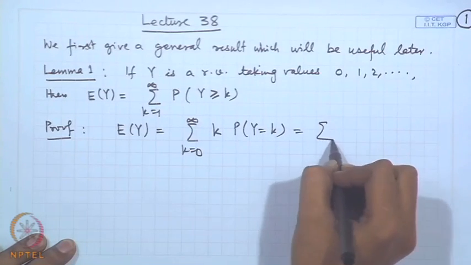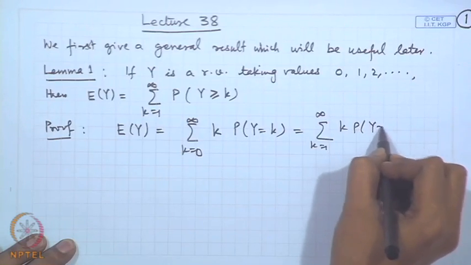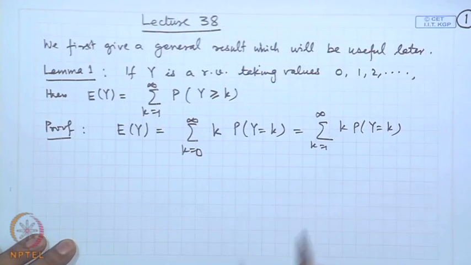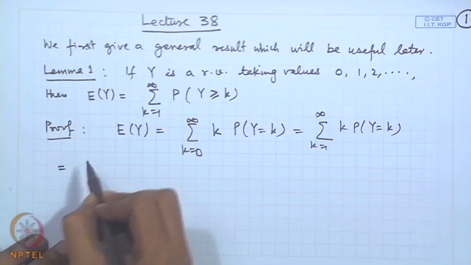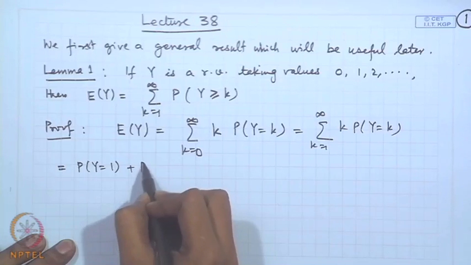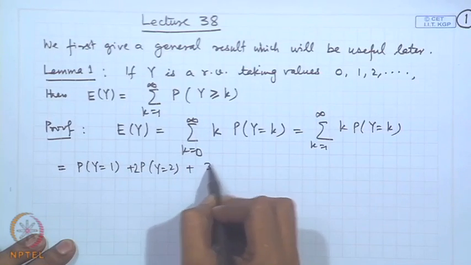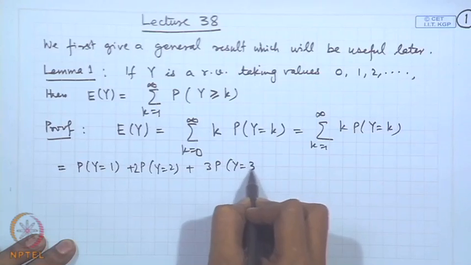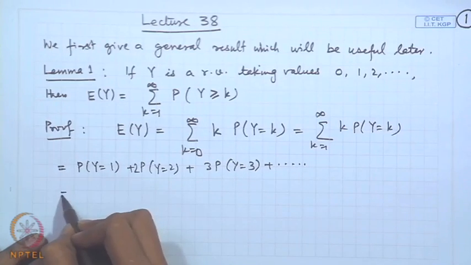So, we can express it as sigma k equal to 1 to infinity, k times probability Y is equal to k, because corresponding to 0 the term vanishes. Now, this term we expand. This is probability of Y equal to 1, plus twice probability Y equal to 2, plus thrice probability Y equal to 3 and so on. Now, we express it like this.